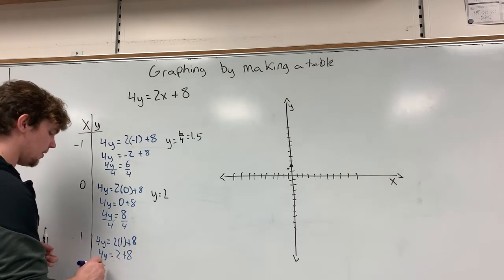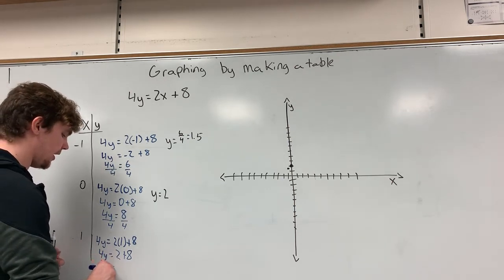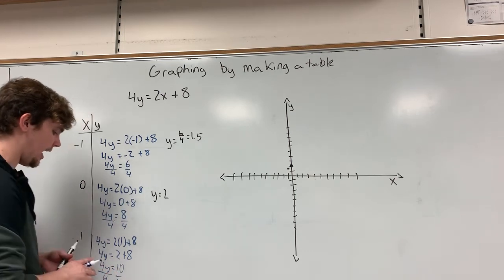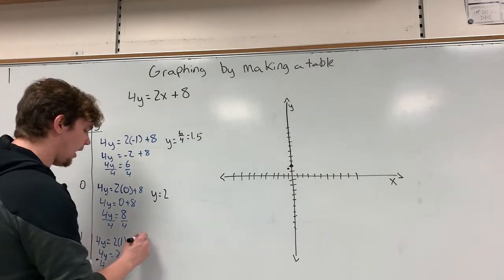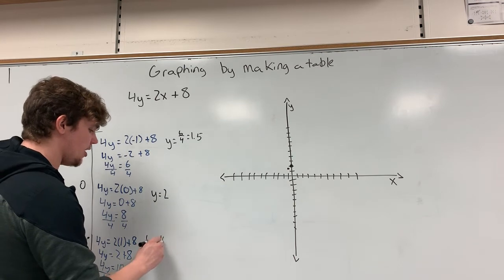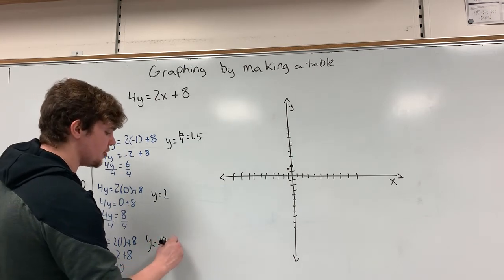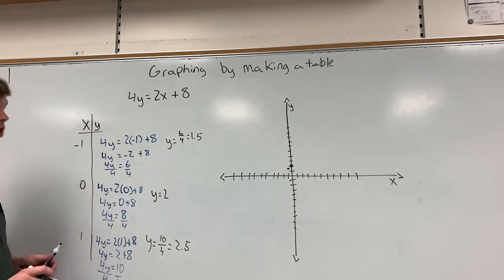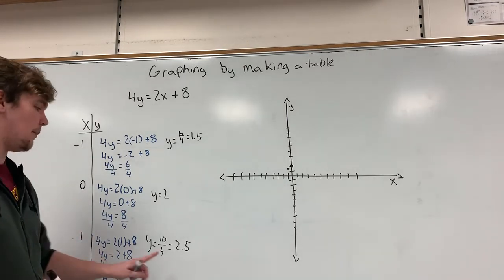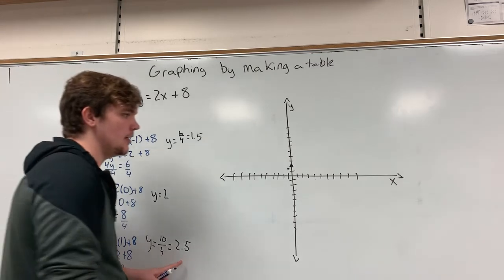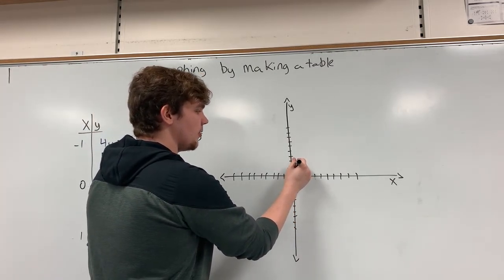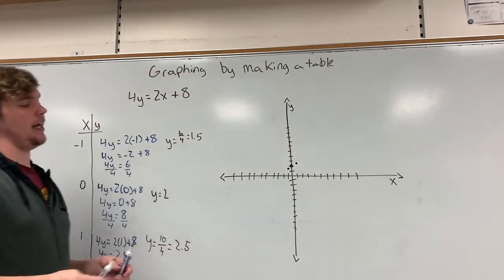And then 2 plus 8 is 10, so 4y equals 10. I have to divide both sides by 4, and I end up with y equals 10 over 4, which is 2.5 as a decimal. Okay, so I can go ahead and graph now 1 comma 2.5. So I'm going to go over 1 and up 2.5 right there. And I have 3 points now.